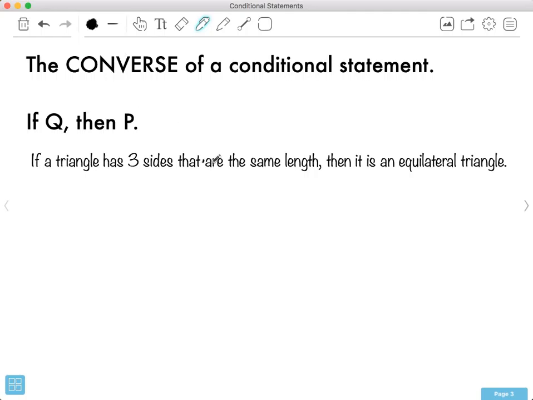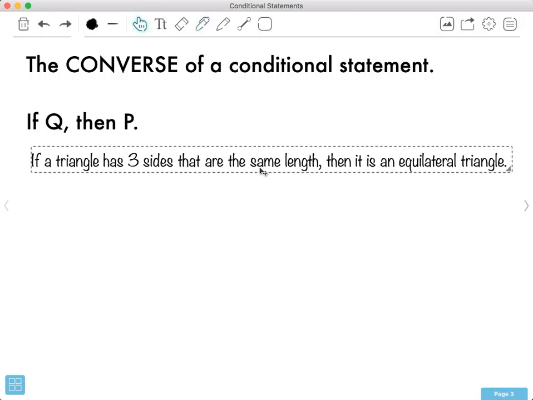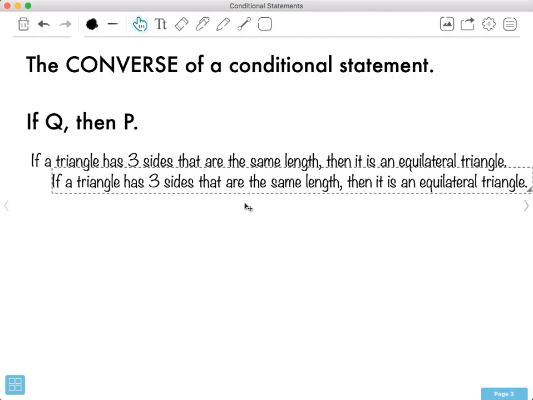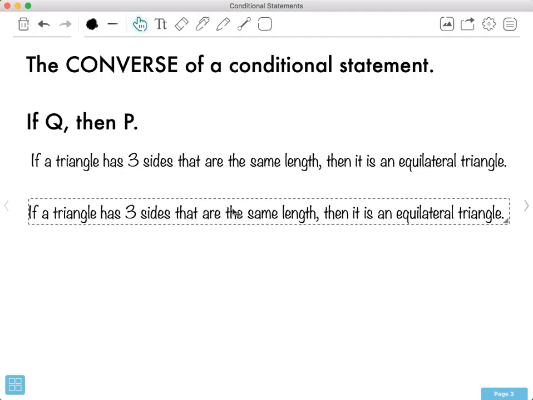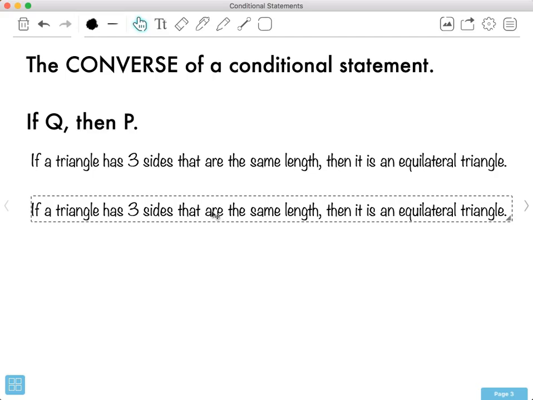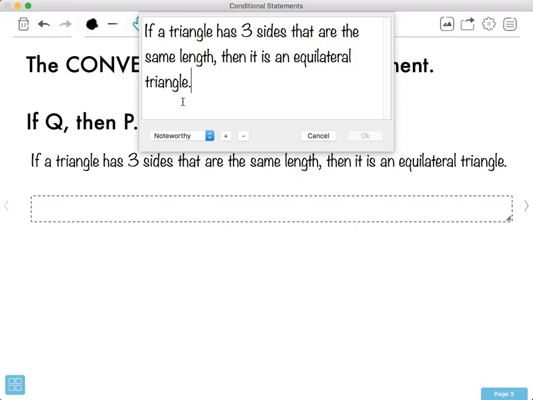So I'm going to copy this statement. Okay, this is the initial statement. I'm going to change it to be the converse, so I'm going to reverse the hypothesis and the conclusion.